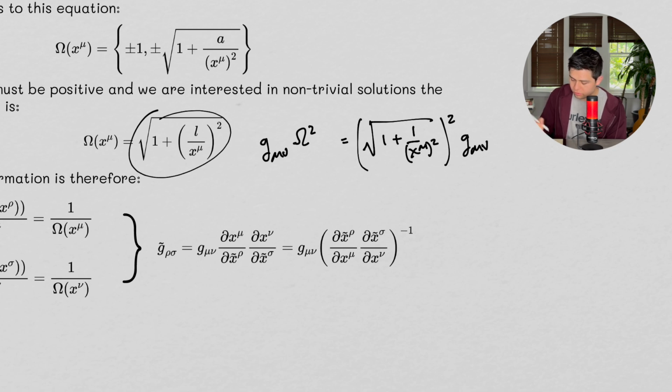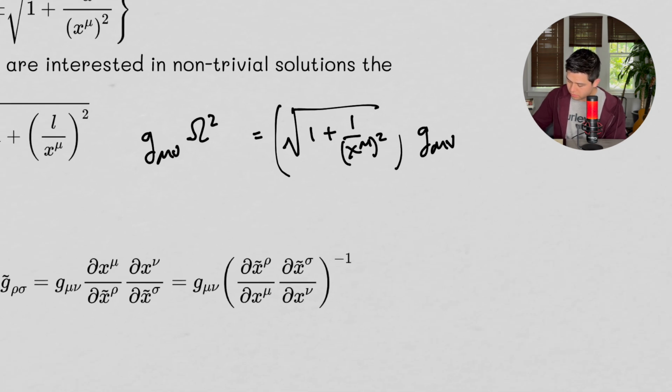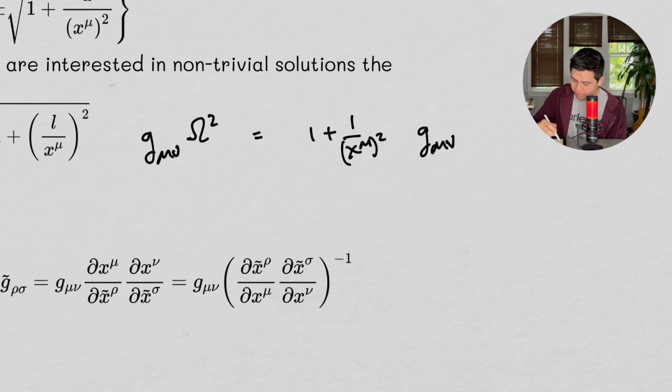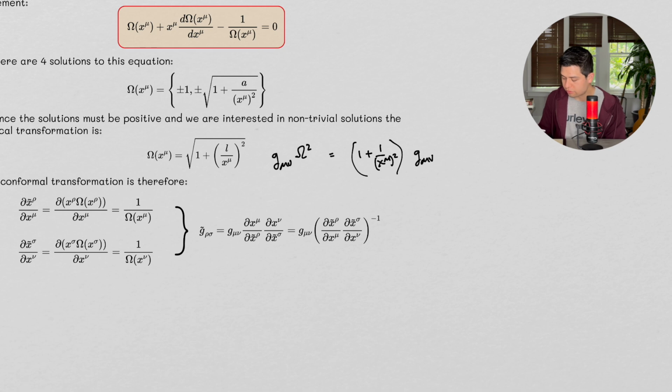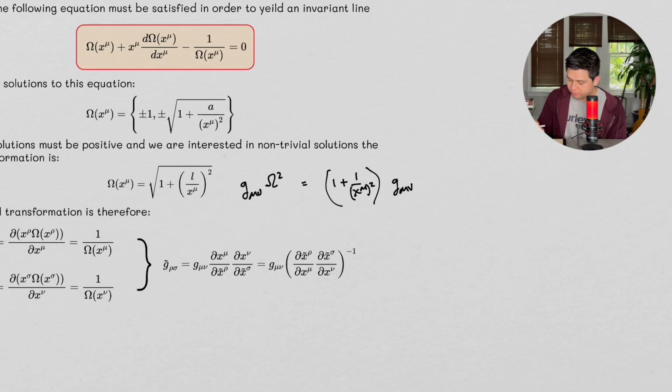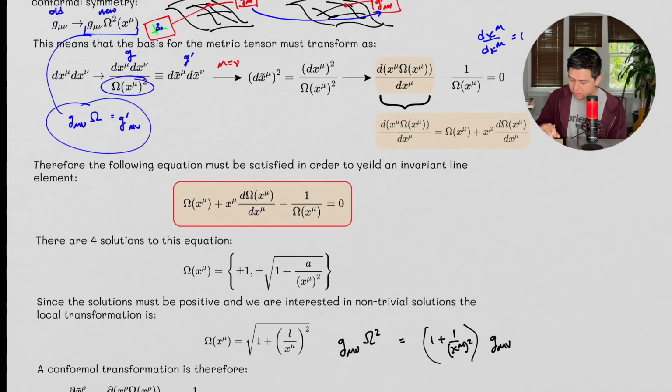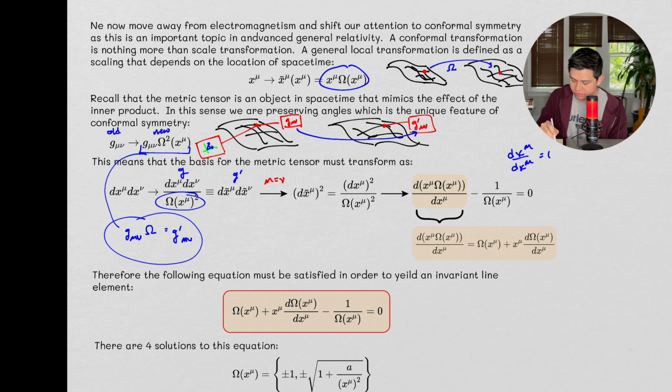Well, the square root squared, we can actually just get rid of the square root, right? So we get rid of the square root, and we have something that looks like this, and that's our conformal transformation for our metric. Alright, so we have a form now for what a conformal transformation has to look like. We now have an explicit formula that tells us what omega should be.